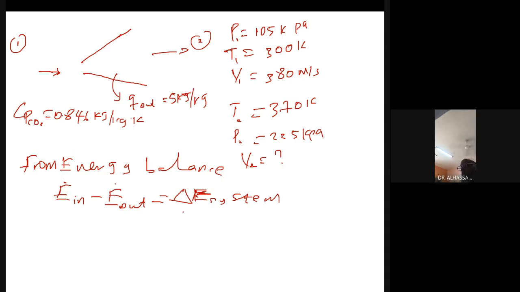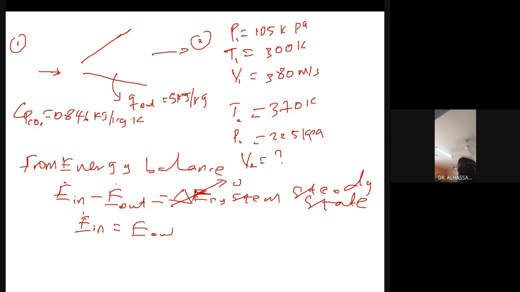But at steady state condition, this is equal to 0. So eventually we will have E in should be equal to E out.